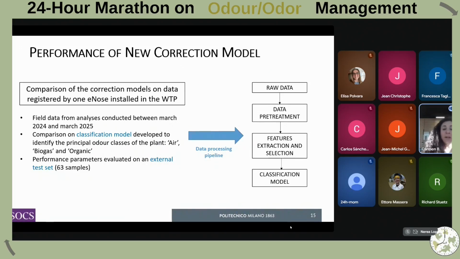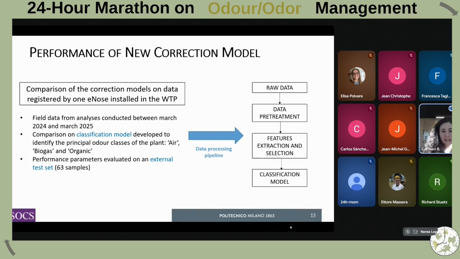We consider 1 year of monitoring, starting in March 2024 and until March 2025, and we decided to consider as a figure of merit the accuracy, the performance of the classification model that we implemented for that monitoring, to discriminate between the principal odor classes of the plant.